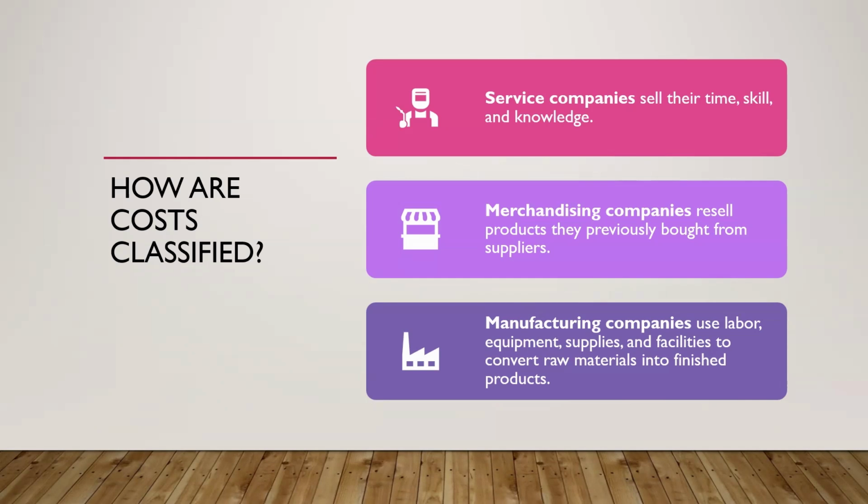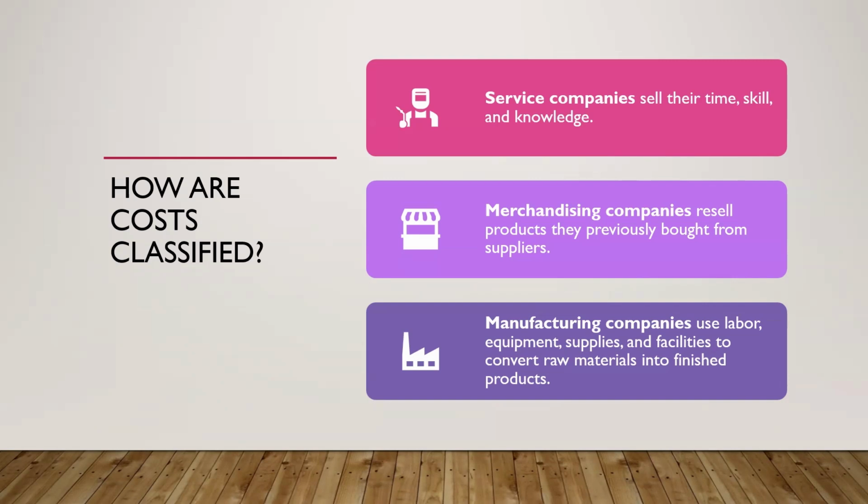Businesses can be classified as service, merchandising, or manufacturing companies. Now, the three categories of businesses differ in what they offer to the customer. A service company offers its time, skills, and knowledge for a fee.